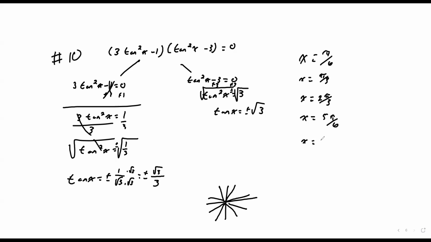Then you would have 7 pi sixths. Then you would have 4 pi thirds. Then you would have 5 pi thirds. And then you would finish off with 11 pi sixths. So that would be all the answers between 0 and 2 pi.